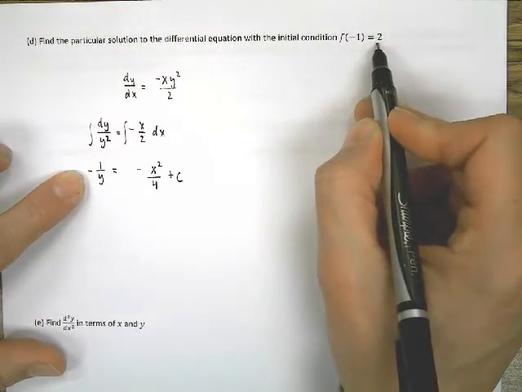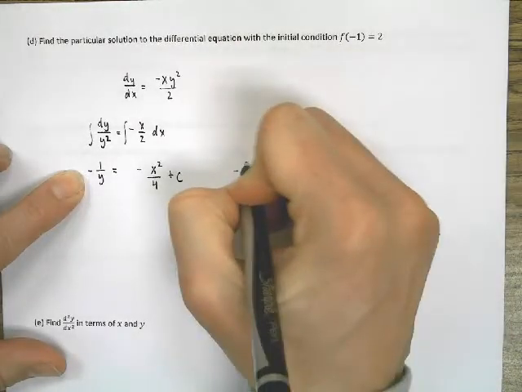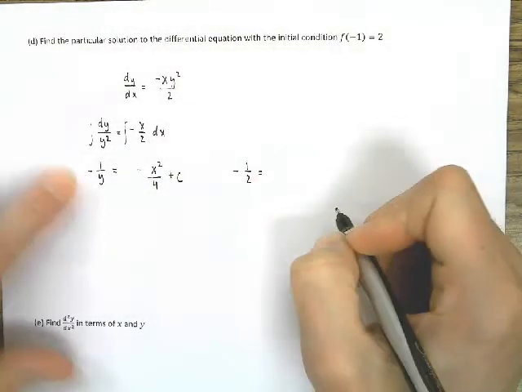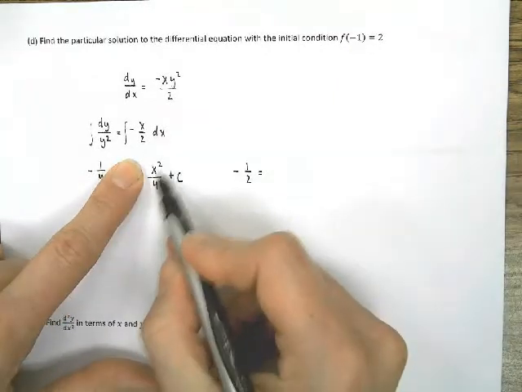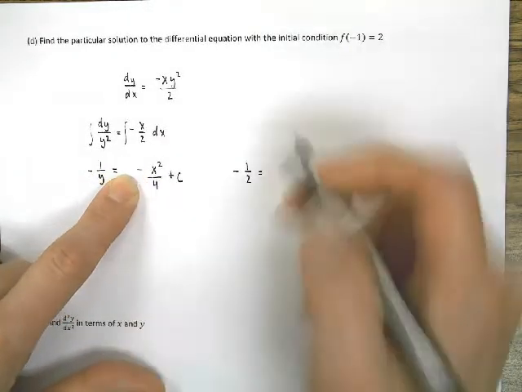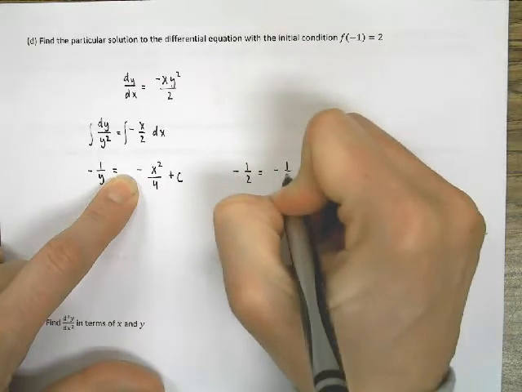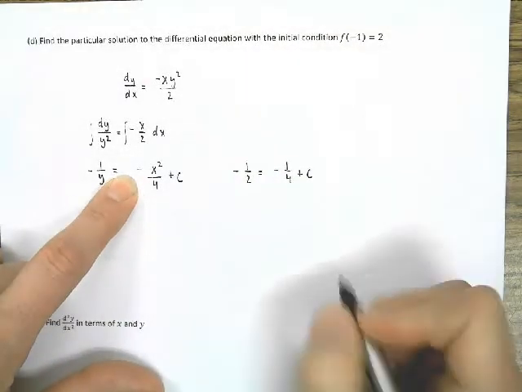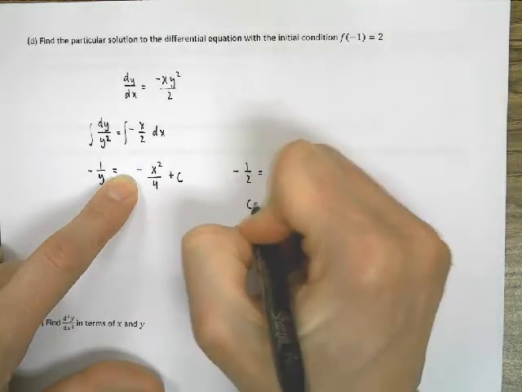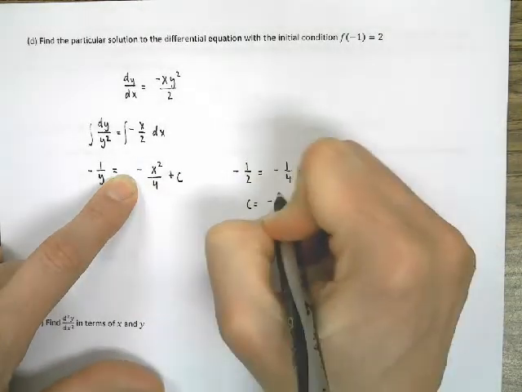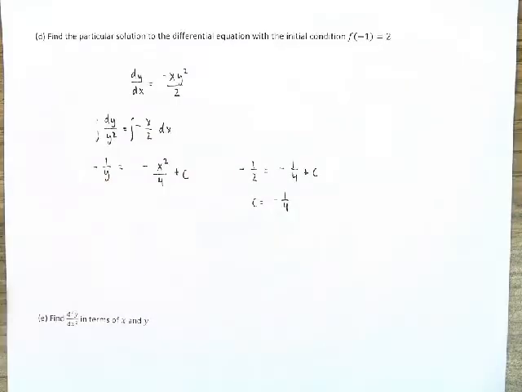So what I have, my y is 2, so I have negative 1/2 equals, f is negative 1, so I have negative 1 squared is a positive 1, but now I have this opposite, so negative 1/4 plus c. So if I add a fourth to both sides, I'm going to get c is equal to negative 1/4.